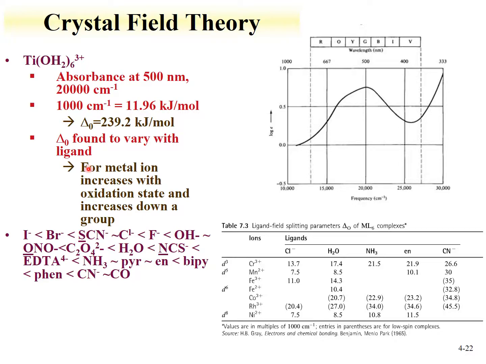For the metal ion, the ligand field parameter increases with oxidation state and increases down a group. There are some trends that are observed from changes of the ligand, and here are some ligand field splitting parameters for some metal L6 complexes where we have different ligands and different metal ions filling from d3 to d8 electrons.